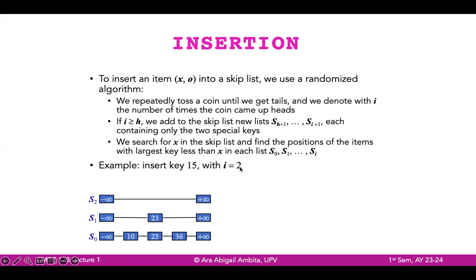So assuming that we have tossed the coins and i is equal to 2, or the number of heads is equal to 2 before we got a tail, we are going to insert 15. Let's do the search first. As you remember, when we do a search, we start from the top list and the top element, which in this case is the negative infinity.